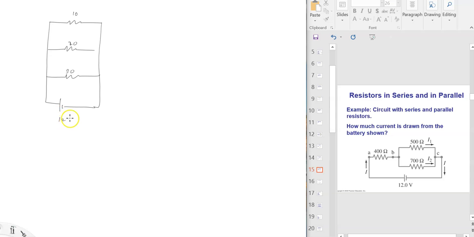So the questions: R total, I total. This time there's no point asking voltage across each resistor because it's going to be 12. So I through each.